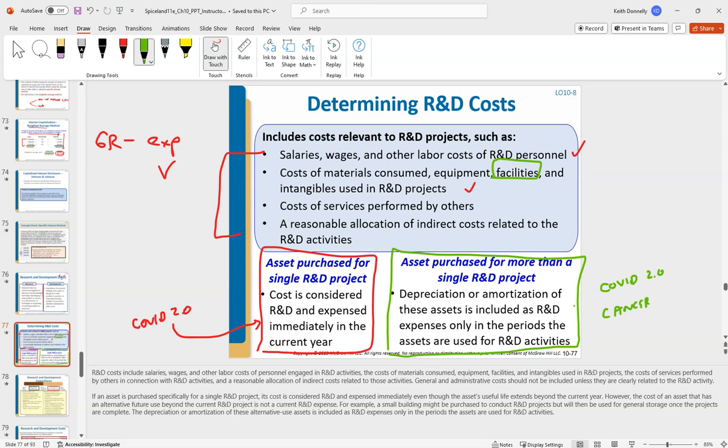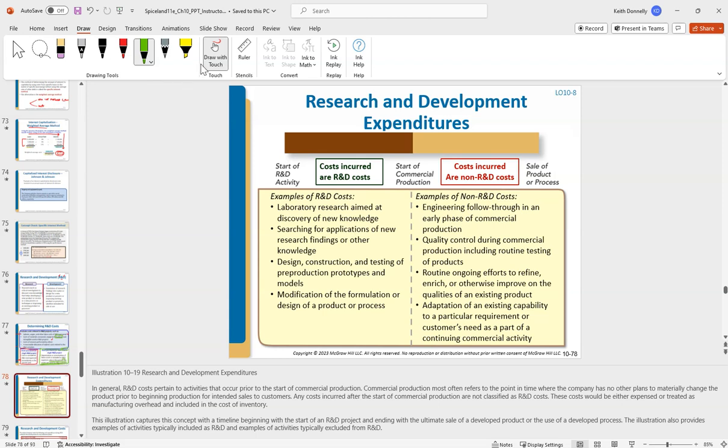So we're using it for these things. In that case, when the asset purchased is the facility, a building where we're going to do this research, you're going to depreciate or amortize that, and that will become part of R&D only in the period the assets are used for the R&D activity. So we'll come back to this. We'll see it in an example.